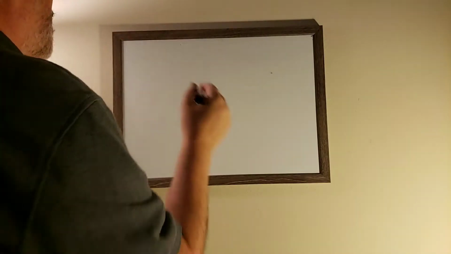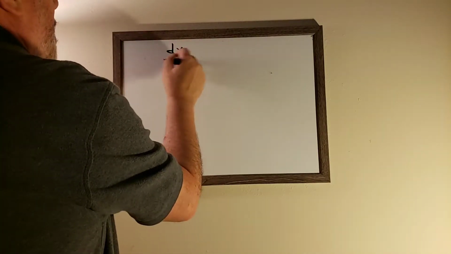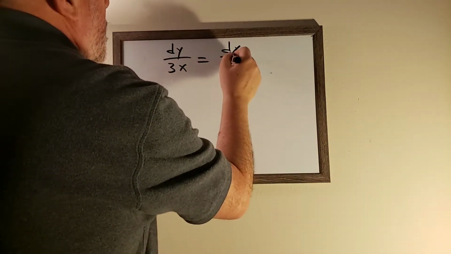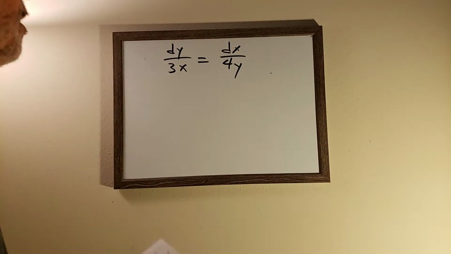And so here, we can see that the dy is with the x term and the dx is with the y term. But again, in order to do this, we need to get them both paired up correctly.